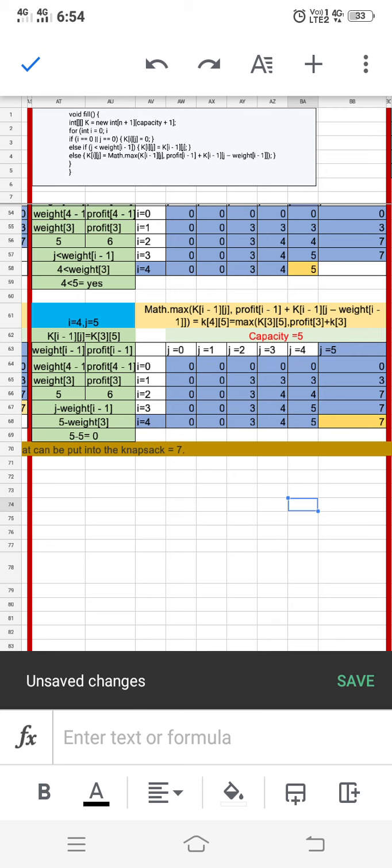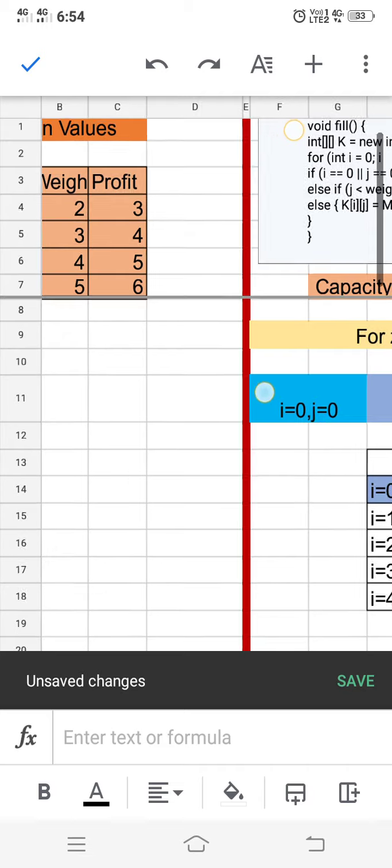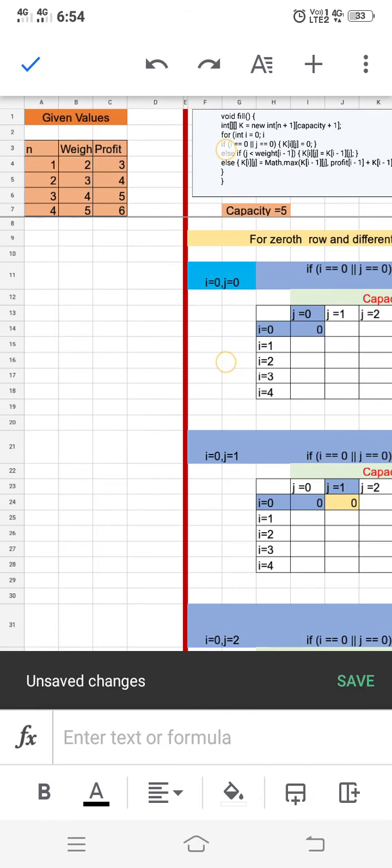Similarly, when I select the object 2, its current weight is given as 3. In the table I will search for the entry for i is equal to 2 and j is equal to 3.